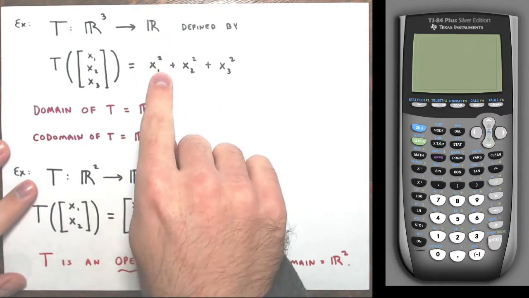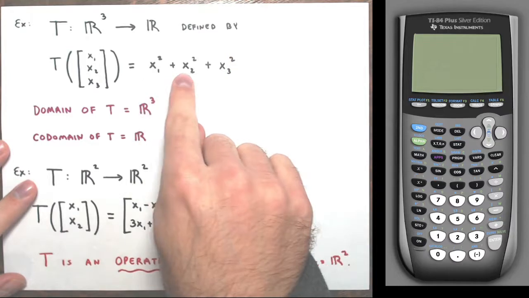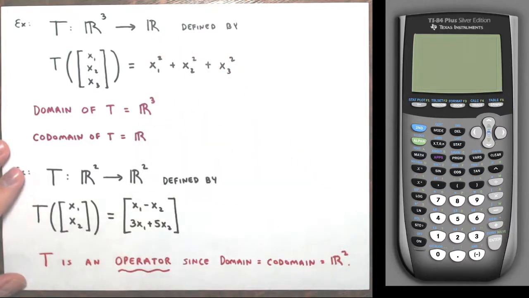So instead of writing little brackets around this, very often when you're dealing with just a set of real numbers, R1, the vector notation is usually not written out.